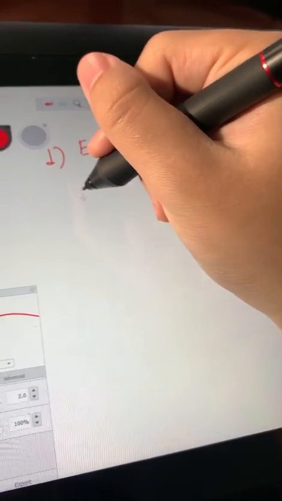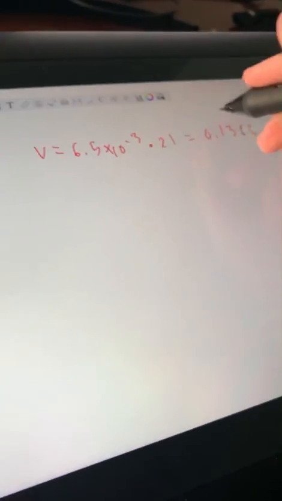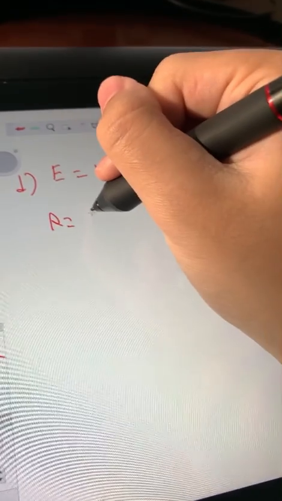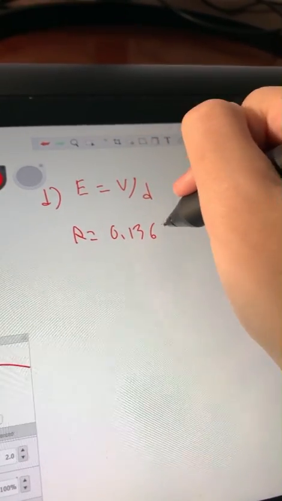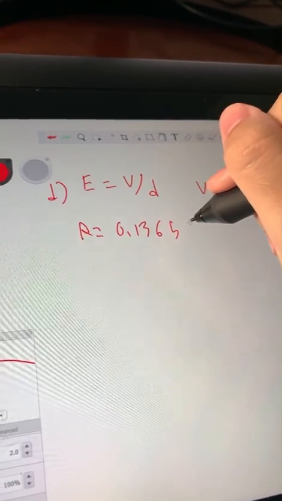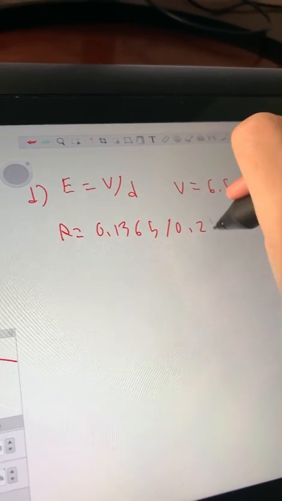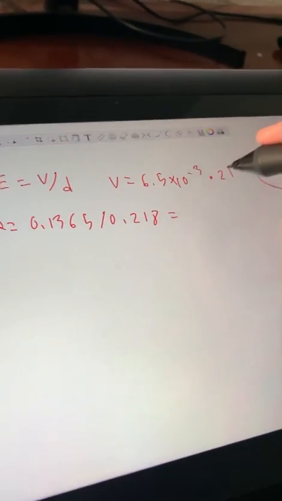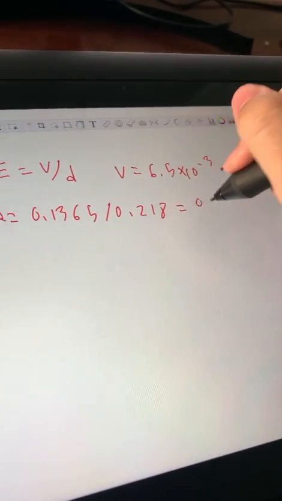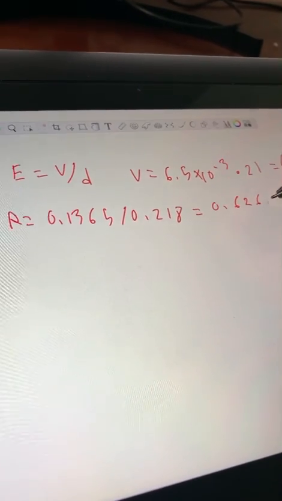So the resistance, we'll plug in this value right here, 0.1365, and divide this by 0.218 in order to get 0.626 ohms.